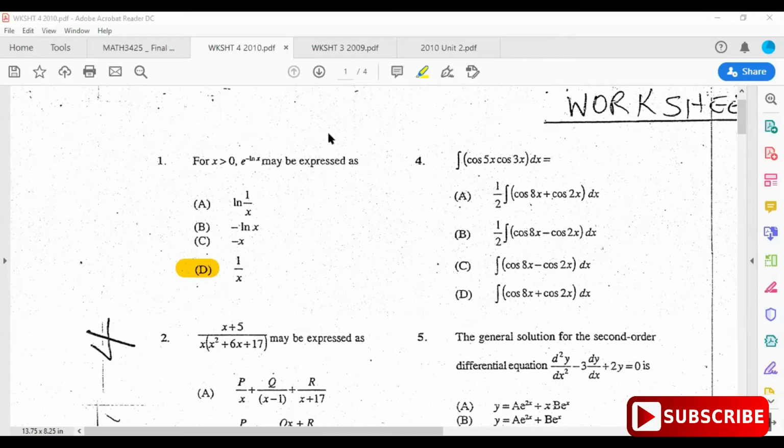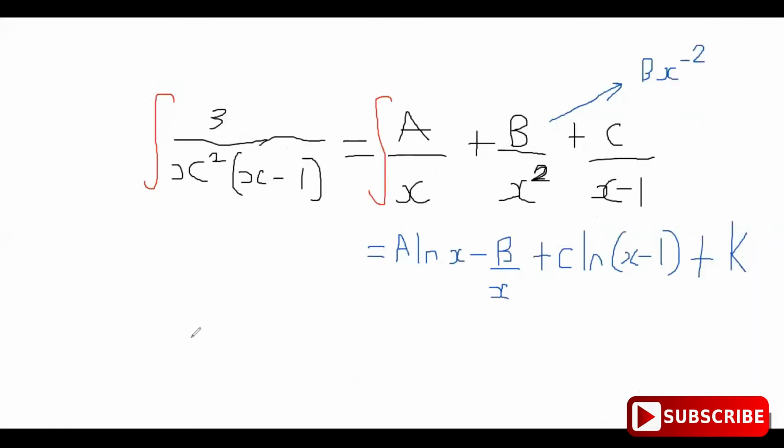The cosine of P plus the cosine of Q is equal to 2 times the cosine of P plus Q divided by 2, times the cosine of P minus Q over 2.